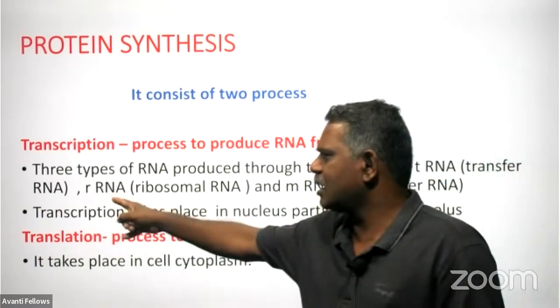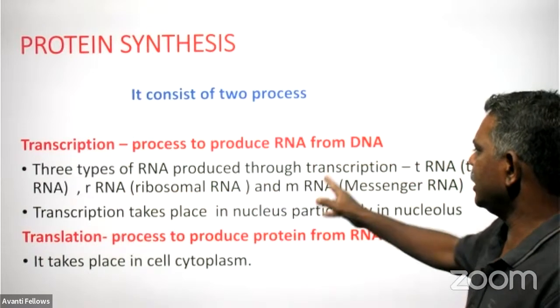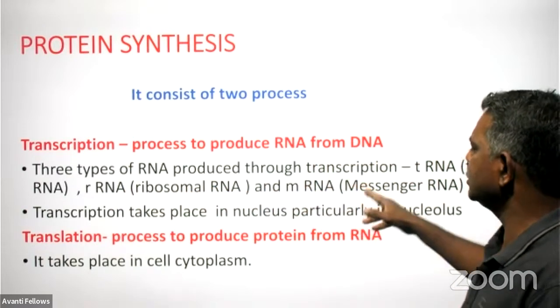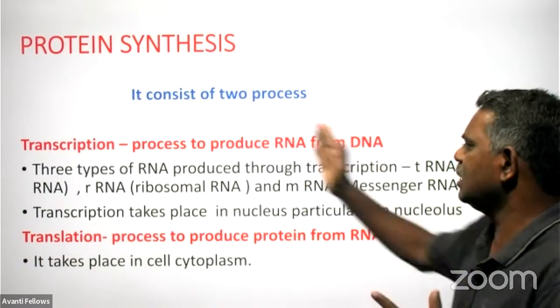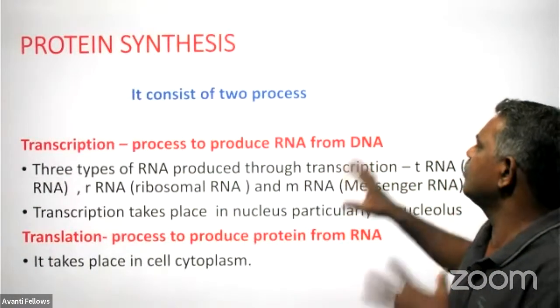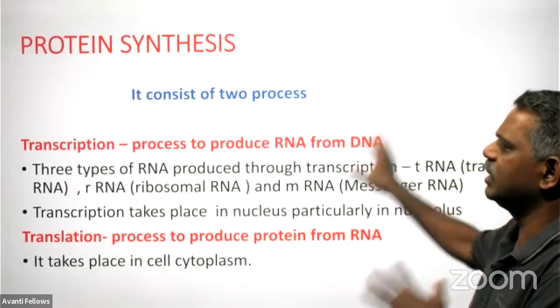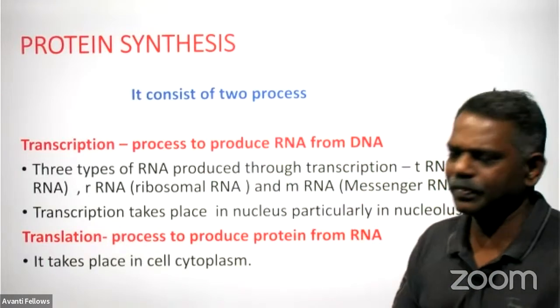Another one is the rRNA. r should be a small letter only, ribosomal RNA. And mRNA, m should be in small letter, is messenger RNA. So tRNA, rRNA, and mRNA. These are the three types of RNAs produced from the DNA through the process of transcription.